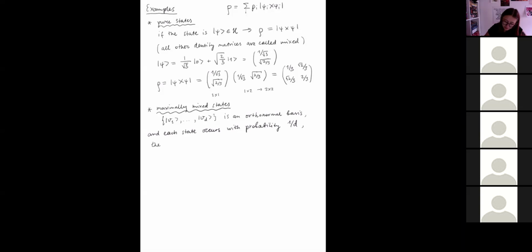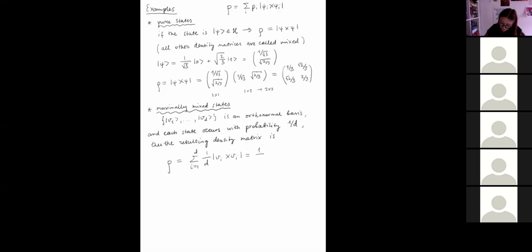Then the resulting density matrix, according to how we defined it, is rho equals the sum over i from 1 to d of 1/d |v_i><v_i|.